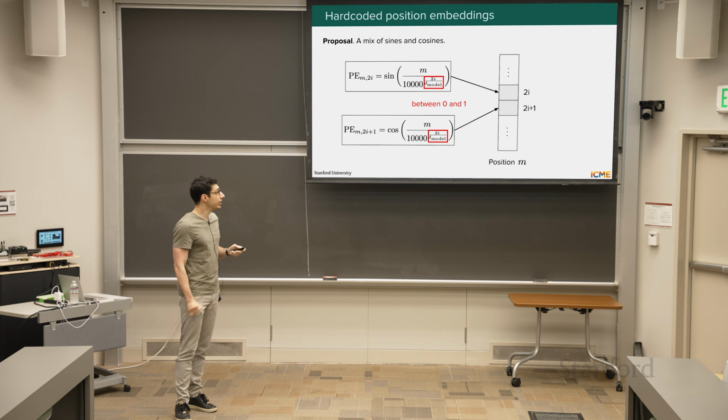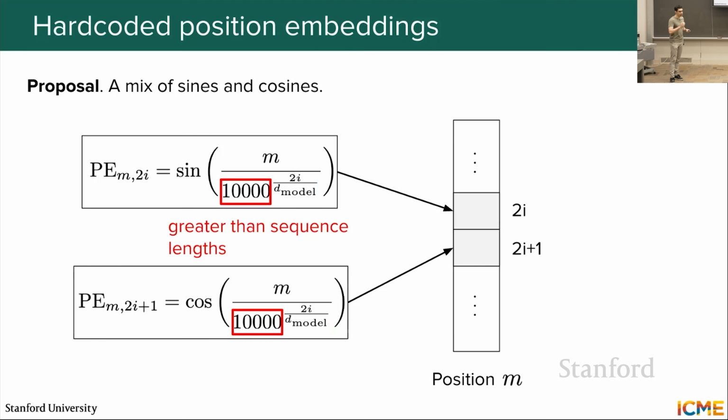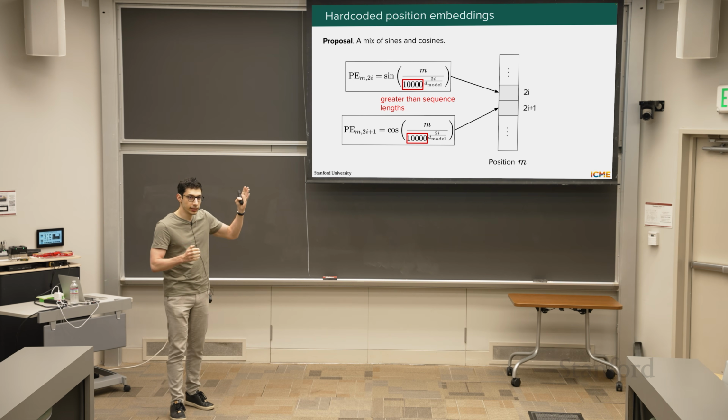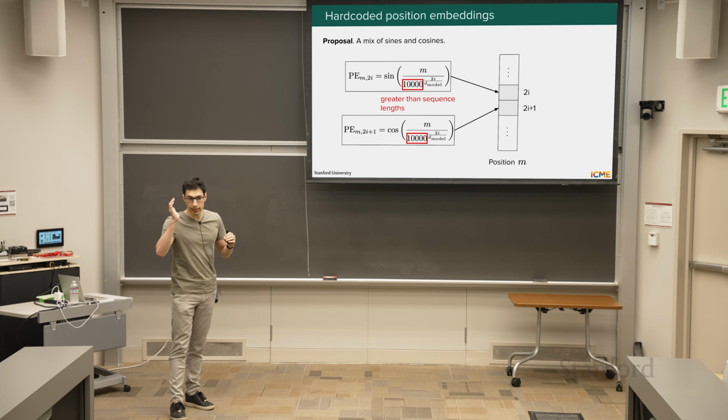And as you can see, the number that is elevated to that exponent is some number that looks arbitrary, but it's quite large. It's voluntarily taken quite large with respect to the sequence length, because the mindset behind it is that we want these frequencies, when i is high, to be considered as low.